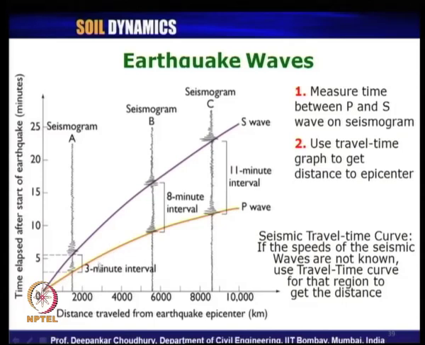Now, knowing these 3 time differences at 3 locations, and the known distance from seismogram location A to B, B to C, the recording station distances are obviously known to us.